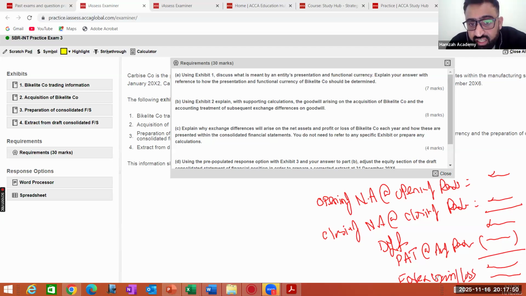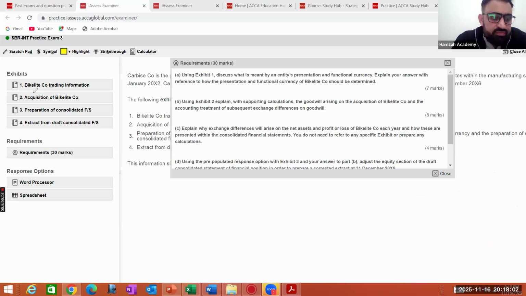At the time of disposal, these cumulative exchange gains and losses are reclassified to the profit and loss account. So that would be the answer of this part C.